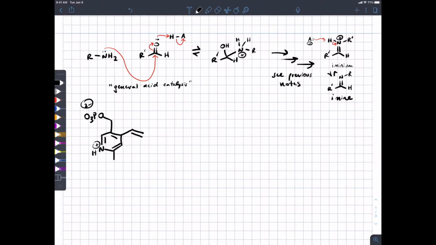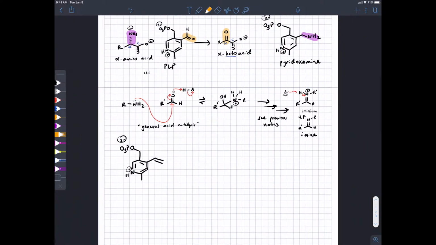Okay, here is the carbon that used to be the aldehyde. And here is the nitrogen on the amino acid. With me so far? Okay.